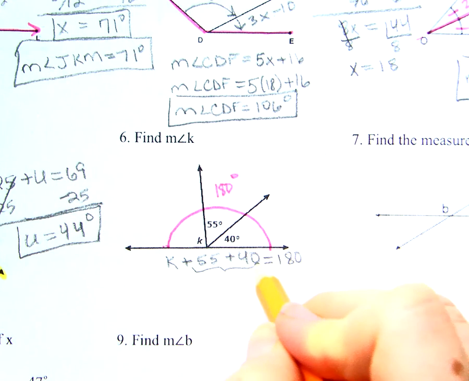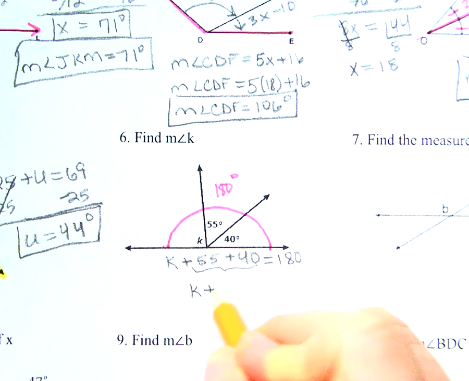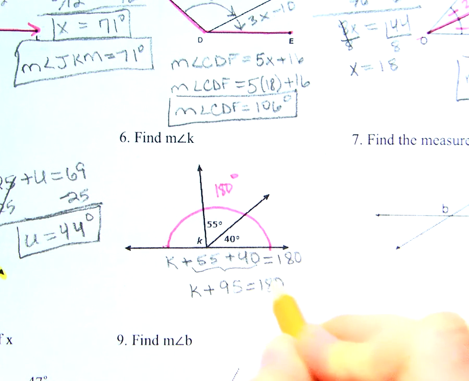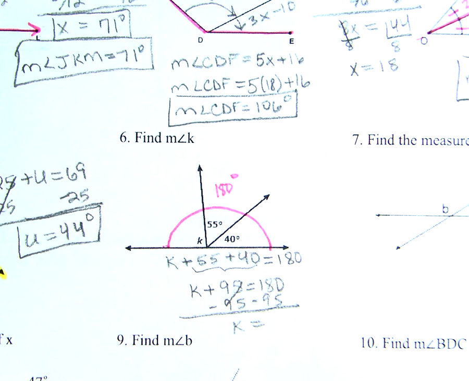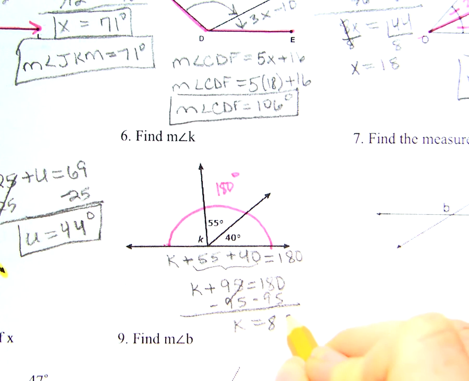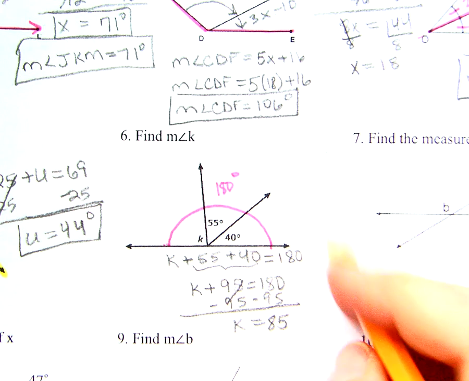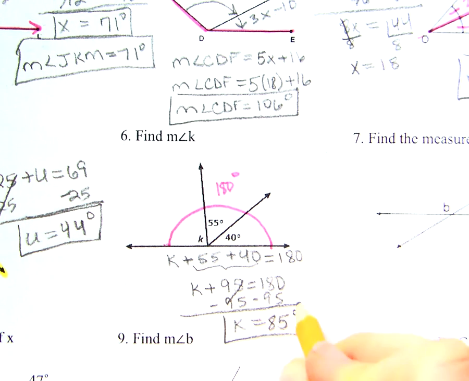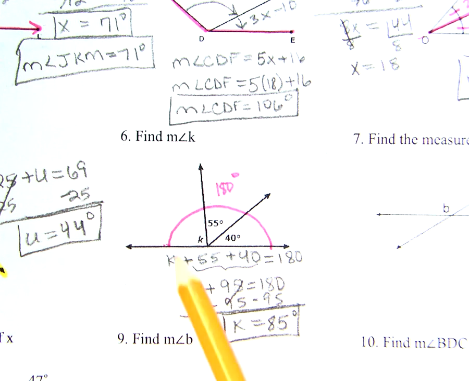Now I can combine these, and that gives me 95. Then subtract 95 from each side, and K is 180 minus 95. Let me not mess that up. K is its own angle, so even though that looks like 90 and you might be tempted to say it's 90, it's actually 85. So actually do the work and make sure.